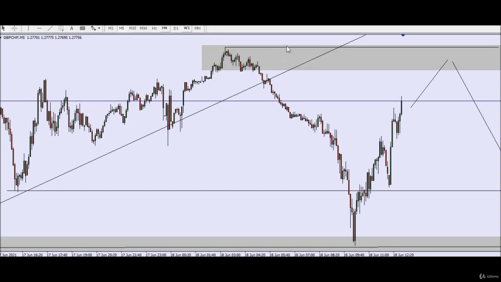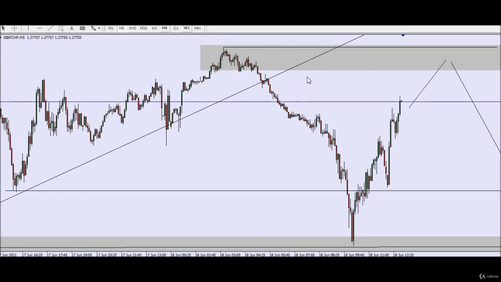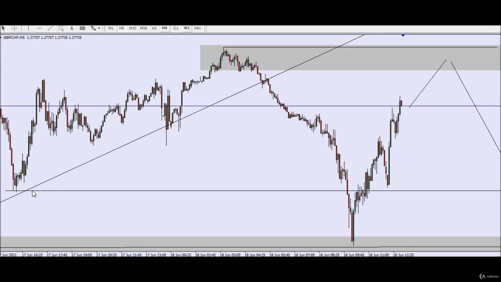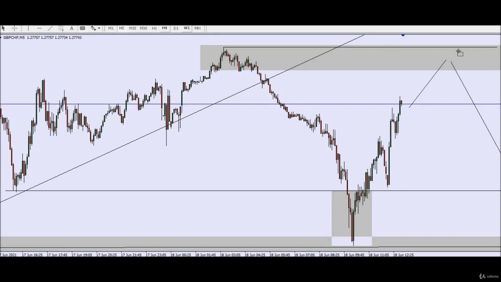Okay, so this is the last or the highest resistance line, and if we await something like this again, but from the other side, for example here, then it would be something like this here and back.